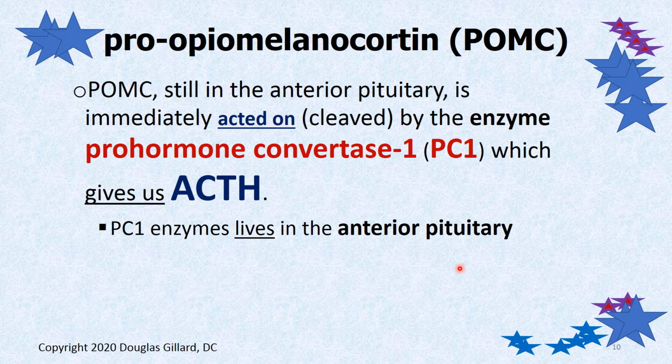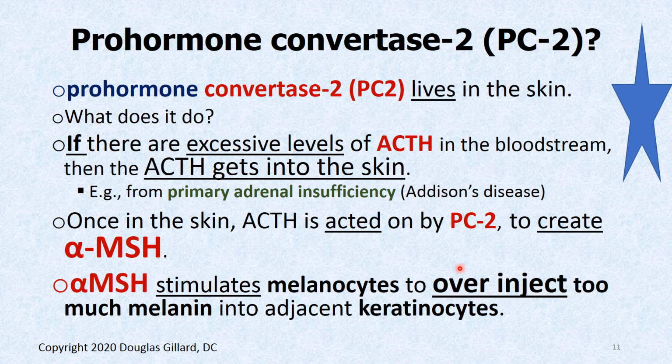So I'm sure the board question would probably forget the POMC, but maybe a hard board question may not. So I've got to teach you both of those the correct way, and warn you that the board question could say either of those. There is a prohormone convertase 2, or a PC2, which lives in the skin.